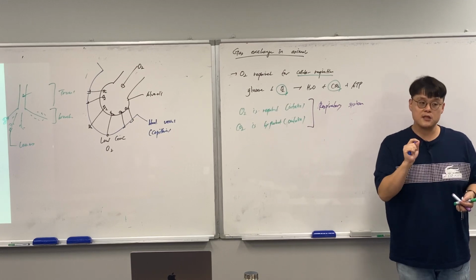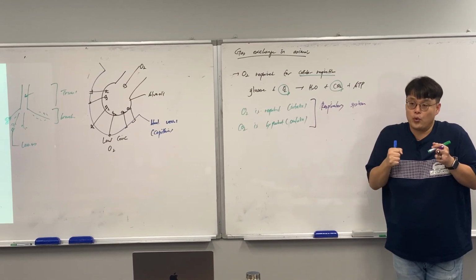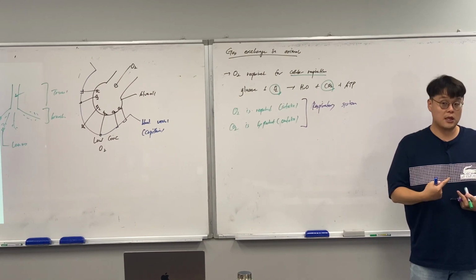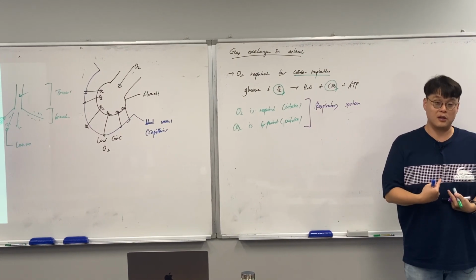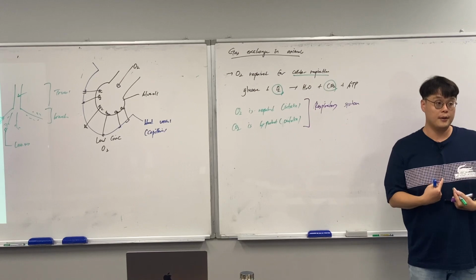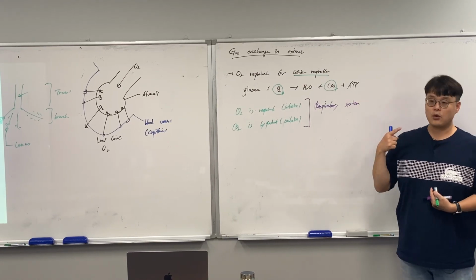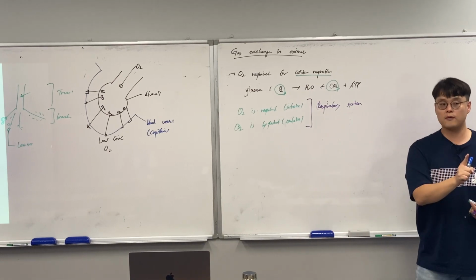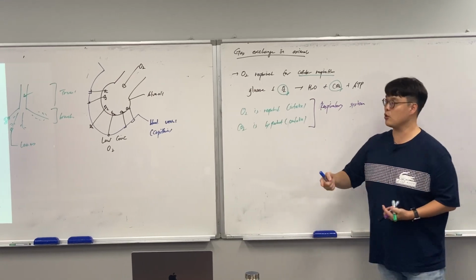Similar things happen to the enzymes. They get frozen or change the formation of the protein itself. That means you're basically killing yourself. And if CO2 goes to the brain cells, it starts damaging your brain cells as well. So it is very important that we exhale and remove the CO2.